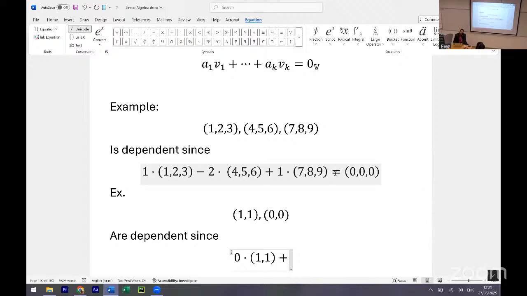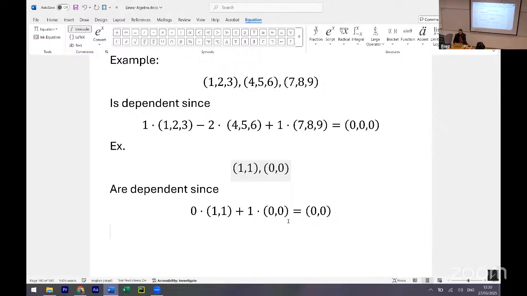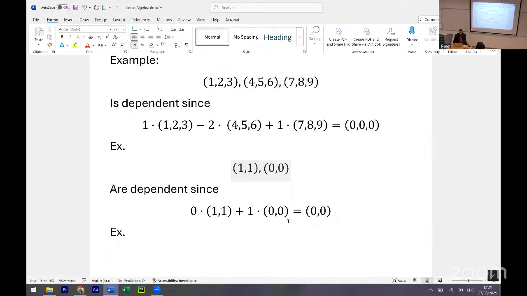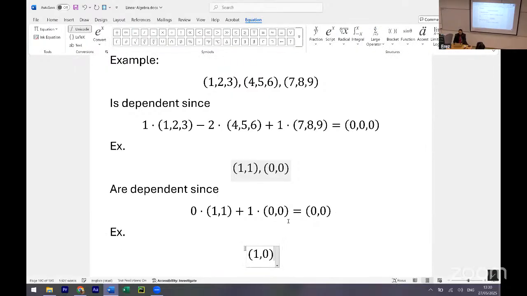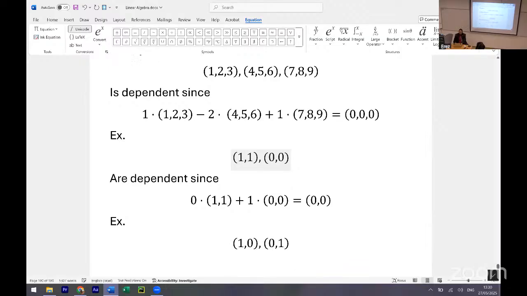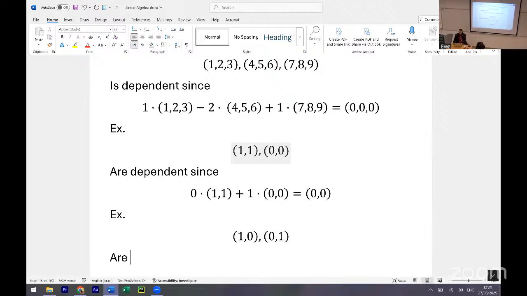And what can I multiply 0, 0 by? Anything. 1. Yes. So that's 0, 0. And again, we have linear dependence. Okay. Another example, 1, 0 and 0, 1. What do you think about these two? They're independent.